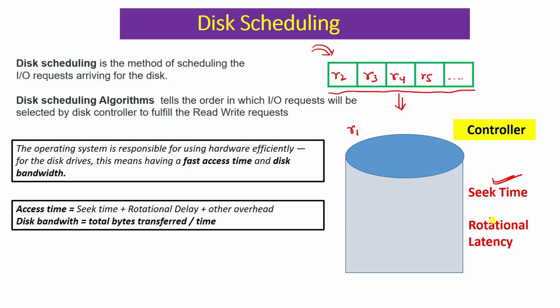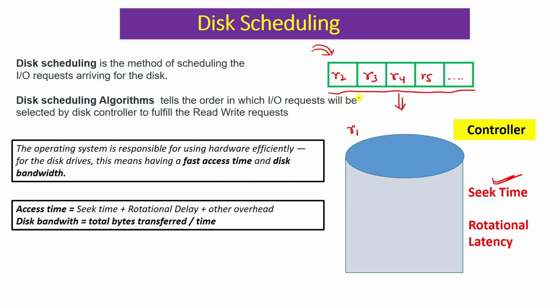So all the algorithms we are going to discuss, which select requests from this request queue, have the main motive of reducing the seek time, because it is larger and it actually governs the access time. If seek time is smaller, the access time will be lesser and faster, and your data will be read or written in a lesser amount of time.